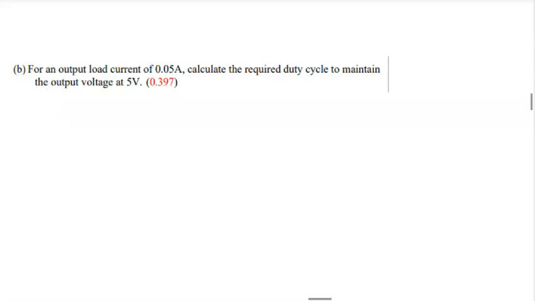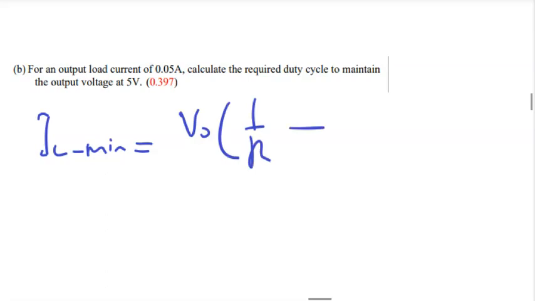So for this part, we have to confirm whether it is CCM or DCM first. So IL minimum is equal to V out times 1 over R minus 1 minus D divided by 2 LF.